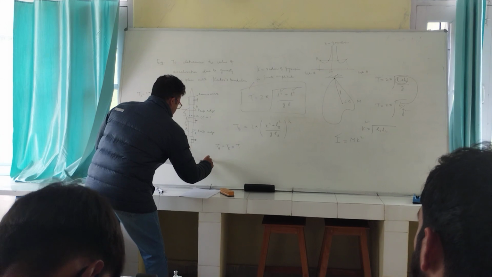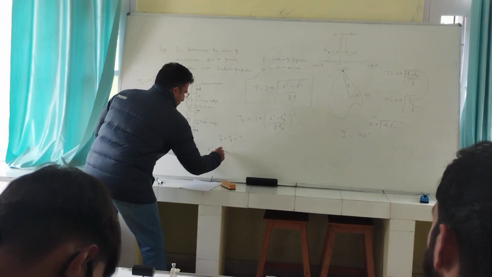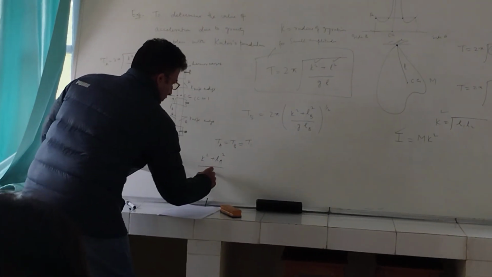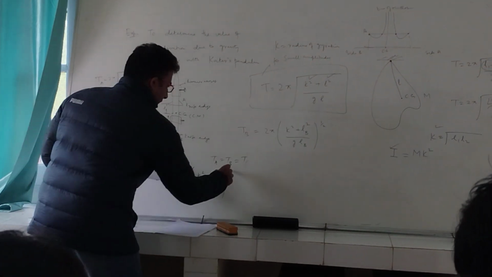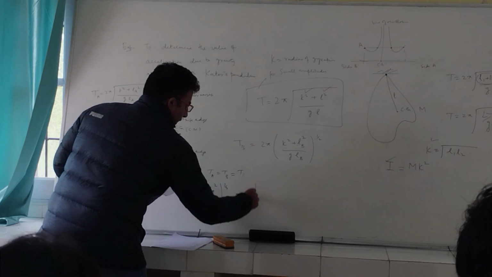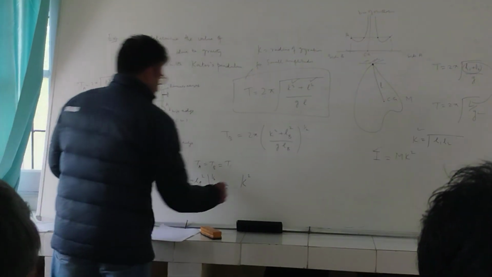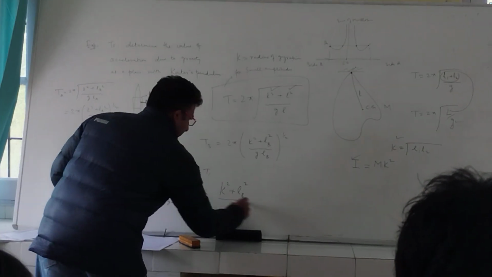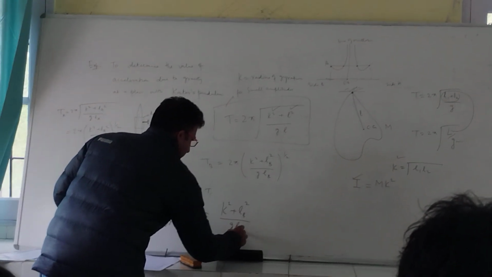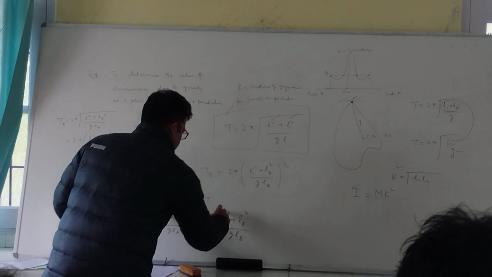You get k square plus LA square over g LA raised to half is equal to k square plus LB square by g LB raised to half.